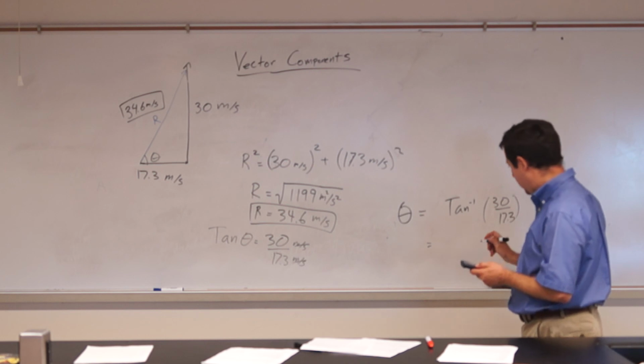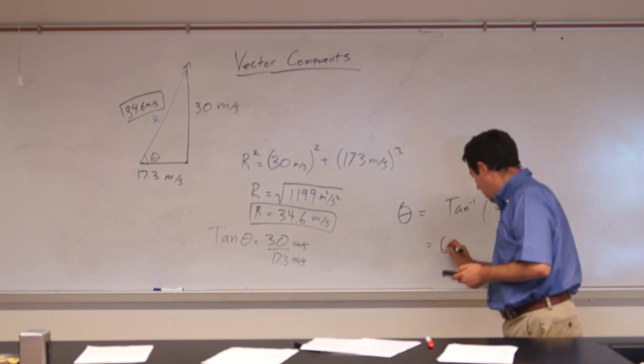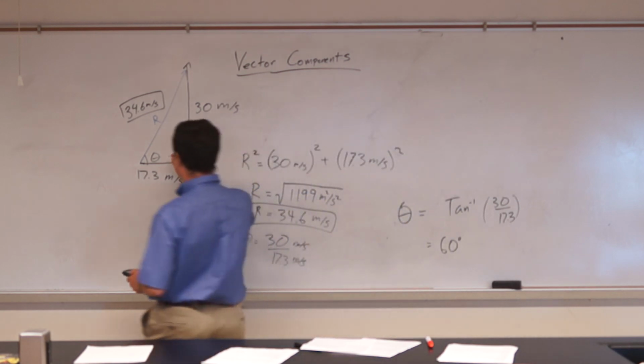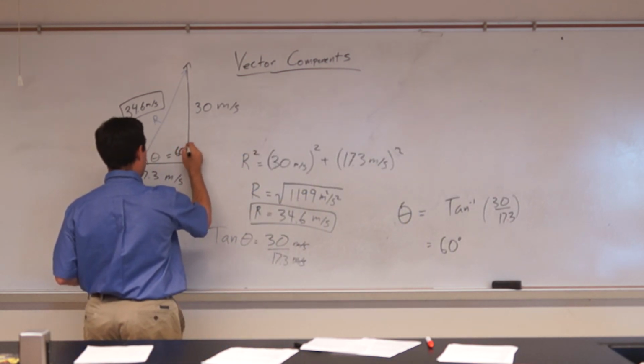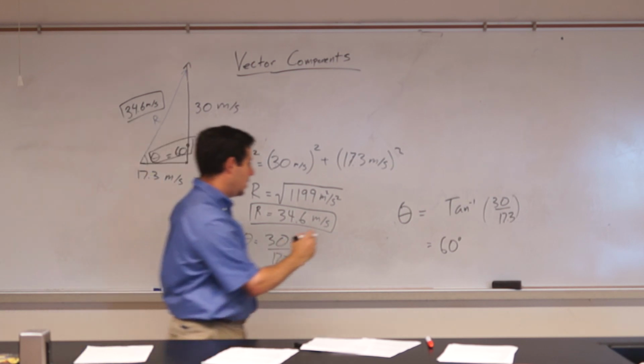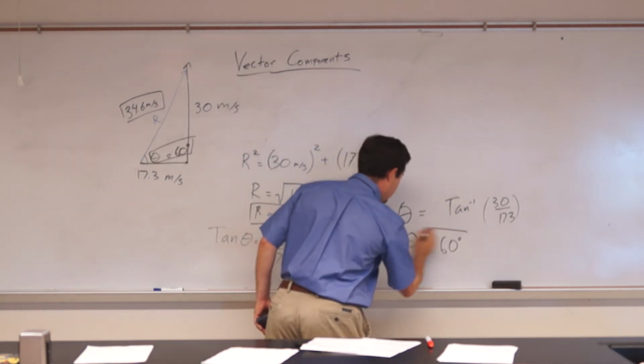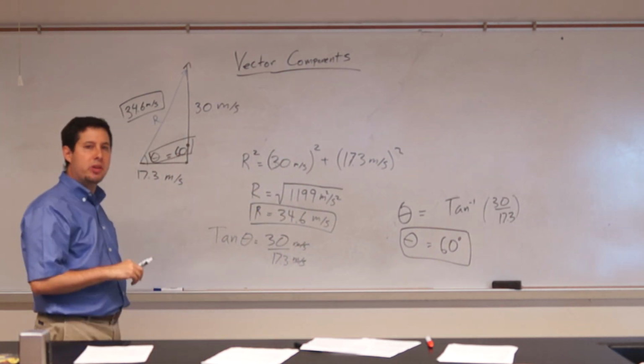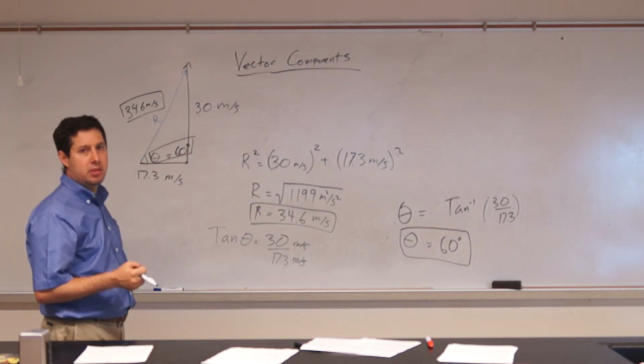And you get theta is equal to 60 degrees. So this is how you can use that component method to add vectors together.